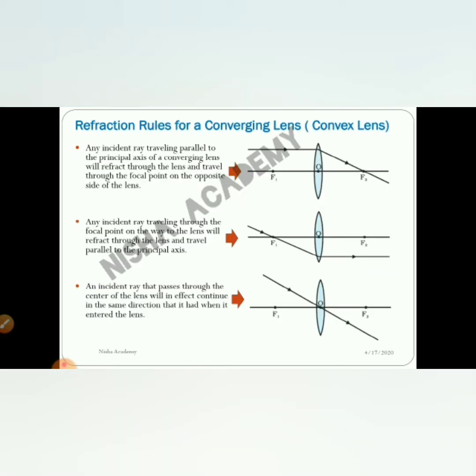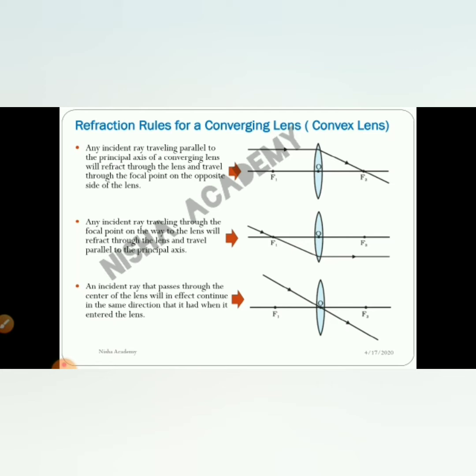To study this, we need to study how the incident light ray is refracted by the spherical lens. To study the refraction, we need to keep in mind the two basic rules that we had studied about refraction.